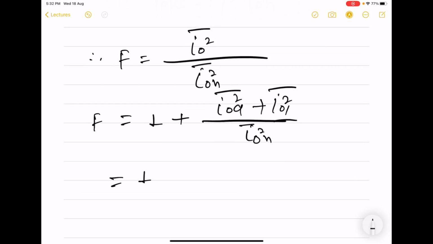Now we can substitute each of these currents in terms of their source: in terms of ID for this, in terms of I1, and in terms of Vn for the denominator current.